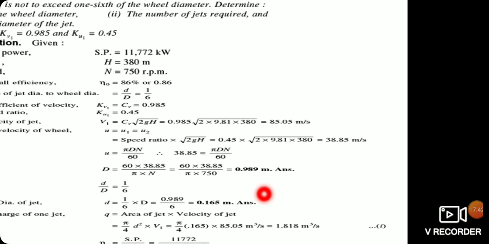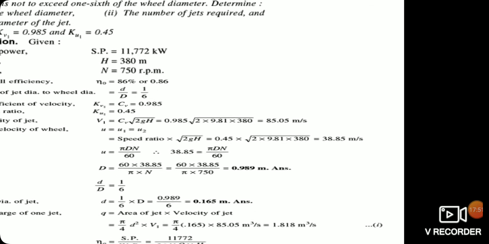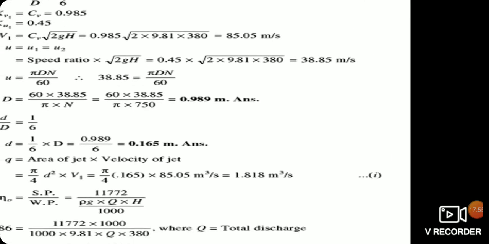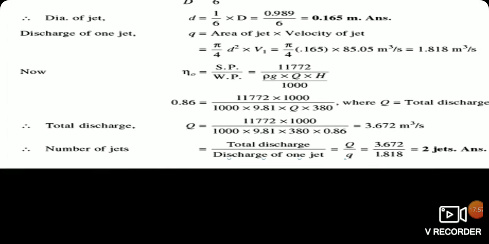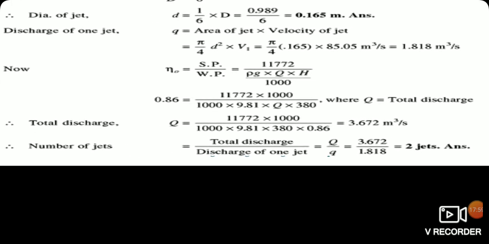So q is equal to area of jet into velocity of jet, so pi by 4 into d square into V1. So the discharge coming from one jet is 1.81. But the total discharge is equal to what? From the overall efficiency calculation, we can calculate the total discharge.